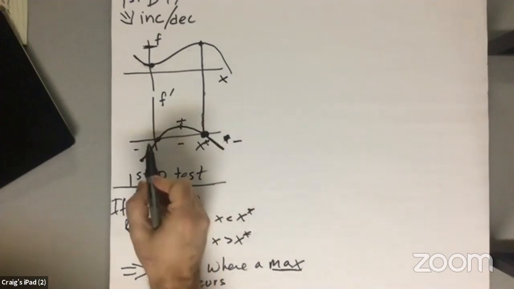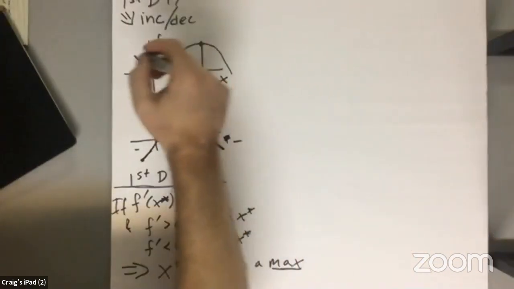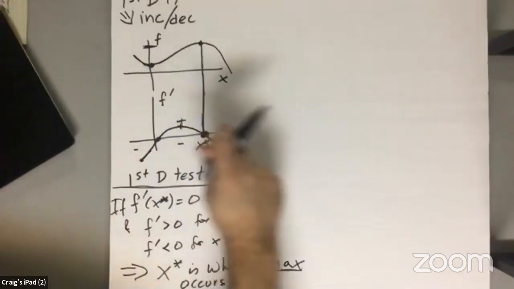Yeah, so like the sine function, it just keeps oscillating forever, right? And so there's infinitely many places where there's maxes and mins. There's infinitely many zeros.